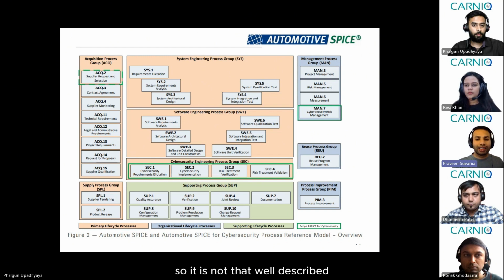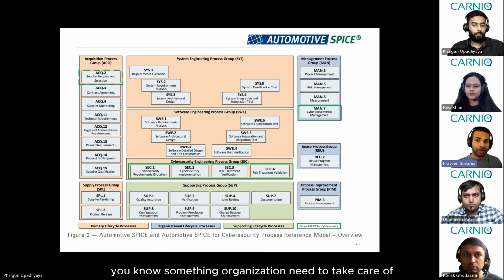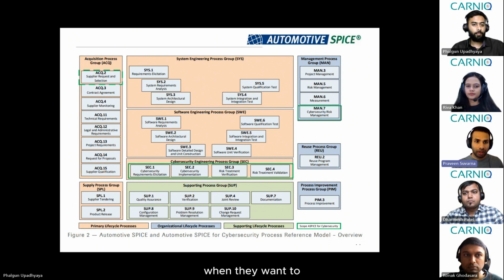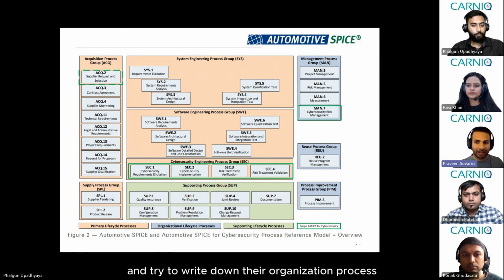So it is not that well described. In my opinion, organizations need to take care of this when they define their processes in compliance with these additional processes. If they look at SEC1 and try to write down their organization process, it's not going to be easy. They have to elaborate a bit more.